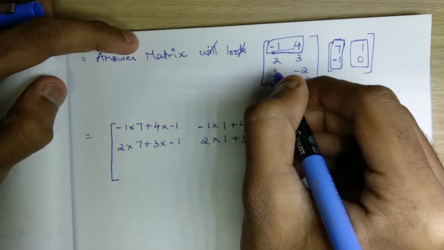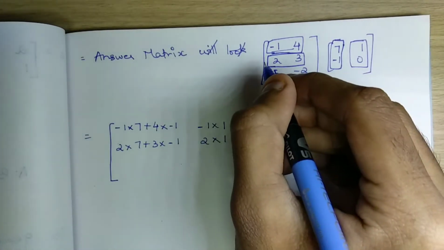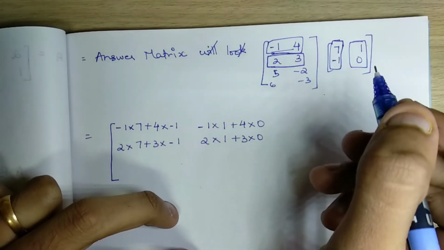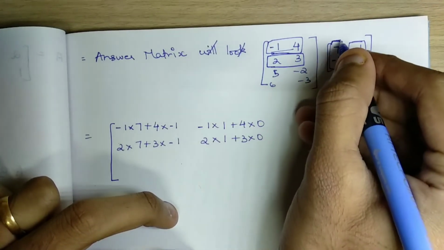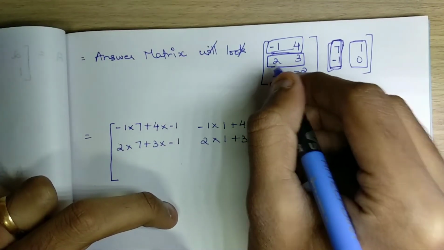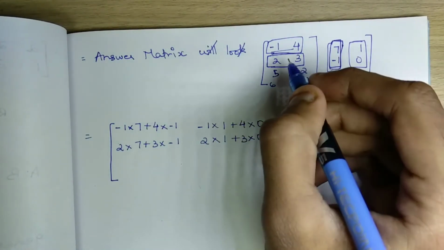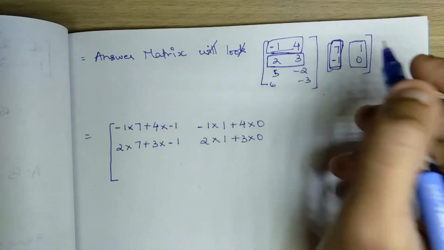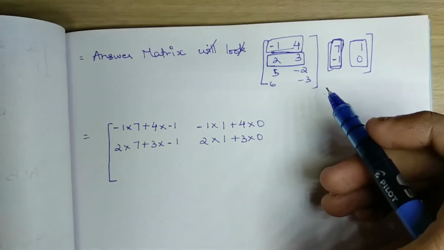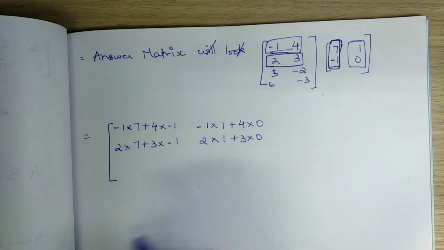So what we did over here is multiplying the elements along the second row of matrix A with the corresponding elements down the first column of matrix B. And similarly, the multiplication of the elements of the first row of matrix A with the corresponding elements down the second column of matrix B, and for both add the results.